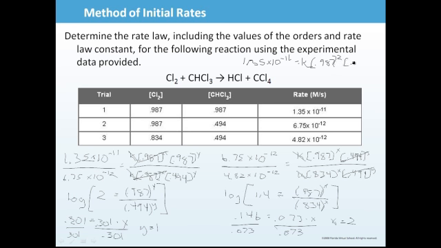And then the second concentration is also 0.987, and that is to the first order.